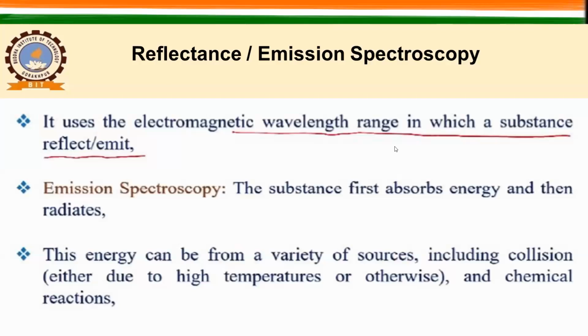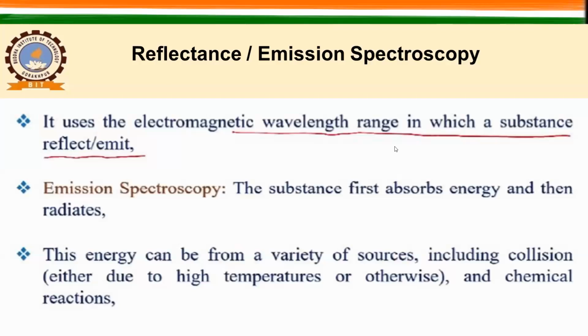In emission spectroscopy, the substance first absorbs the energy and then radiates, because that is the fundamental of remote sensing. When a light is illuminating a surface, some amount of light will get absorbed, and to maintain the equilibrium with the surrounding, क्या होगा?